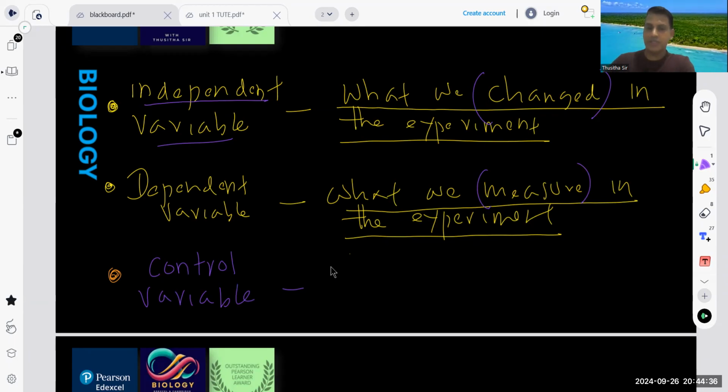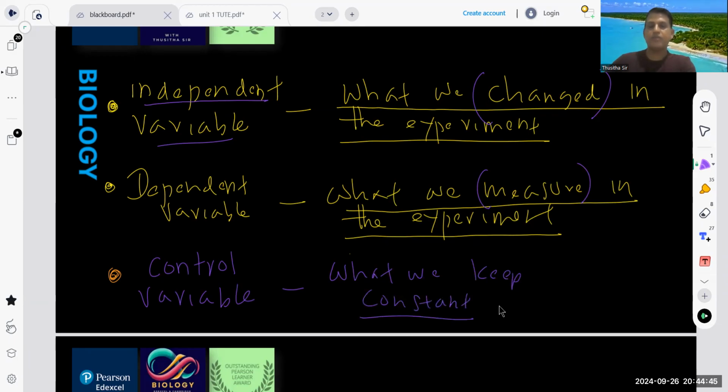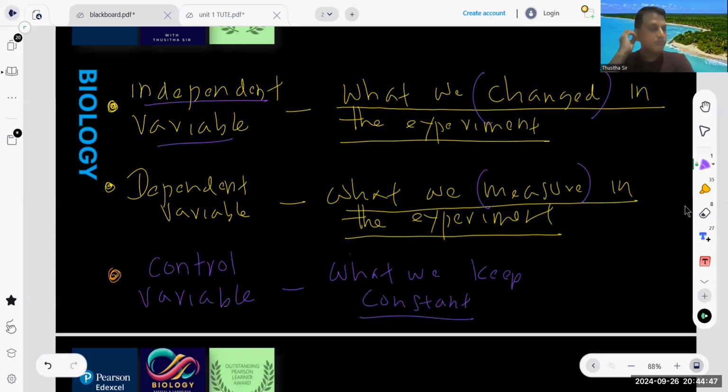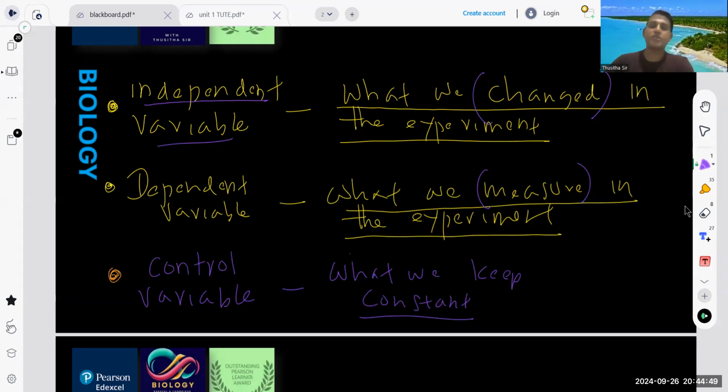Control variable is what we keep constant in the experiment. What we keep constant in the experiment.